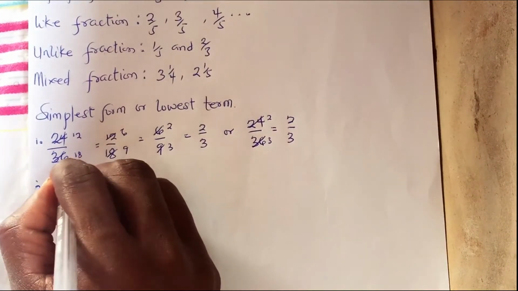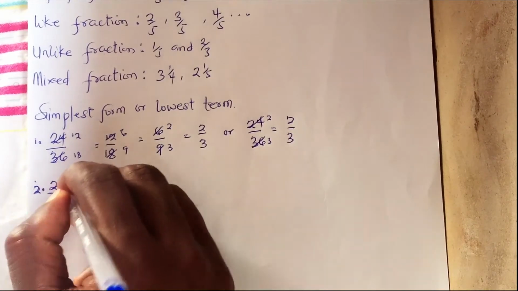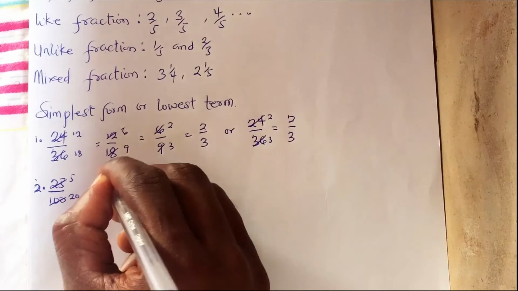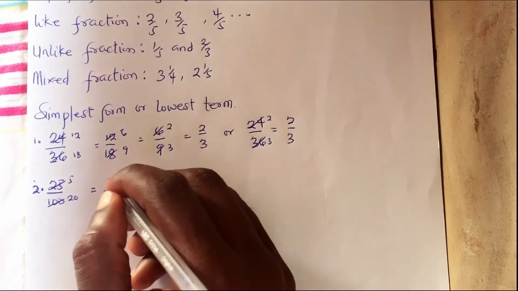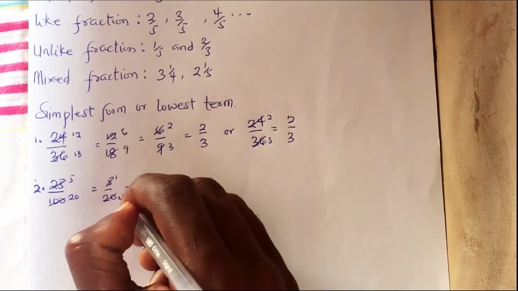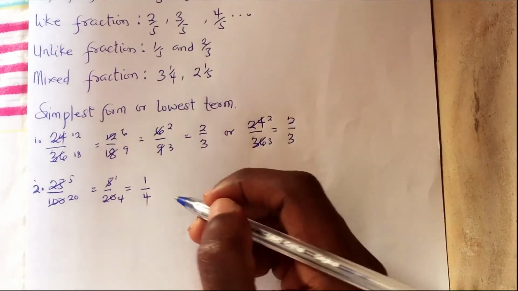We have 5 going into 25 5 times, and into 100 20 times. We have 5 on 20. We can also divide this one again. So we have 5 going into 5 1 and going into 20 4 times. So we have 1 on 4 as the final answer.